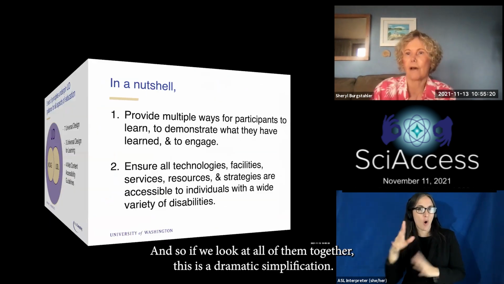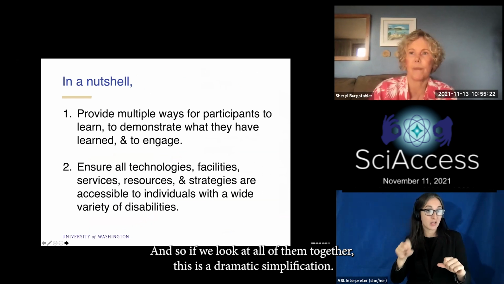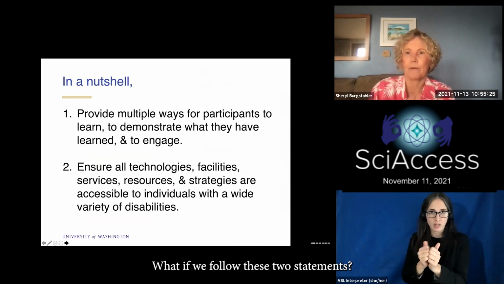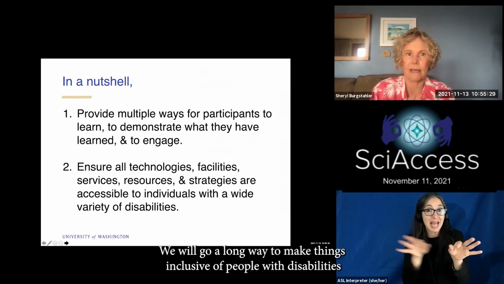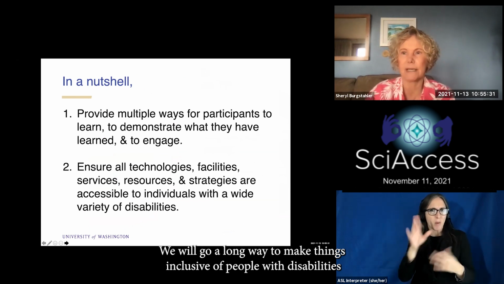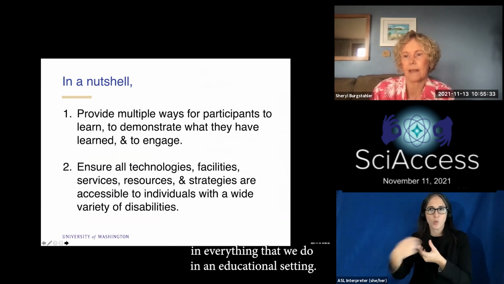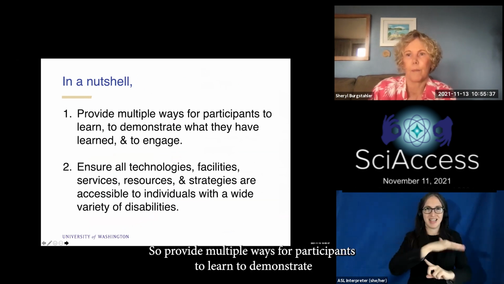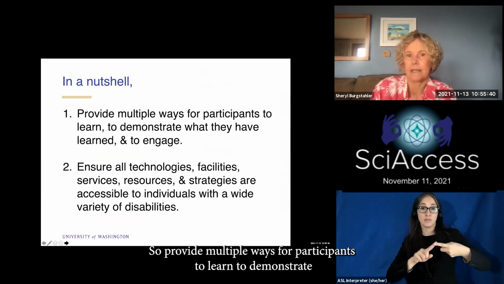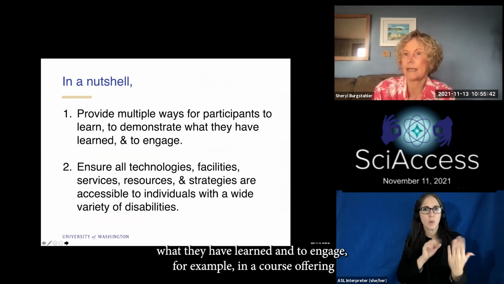And so if we look at all of them together, this is a dramatic simplification. But if we follow these 2 statements, we will go a long way to make things inclusive of people with disabilities in everything that we do in an educational setting. So provide multiple ways for participants to learn, to demonstrate what they have learned, and to engage.